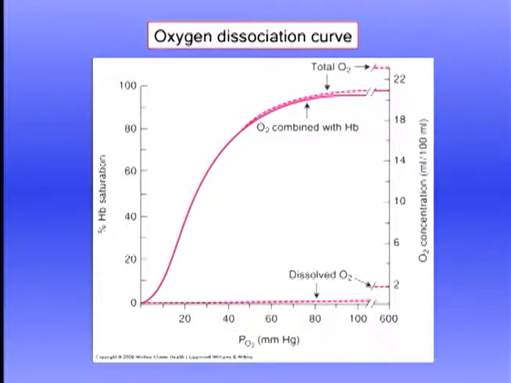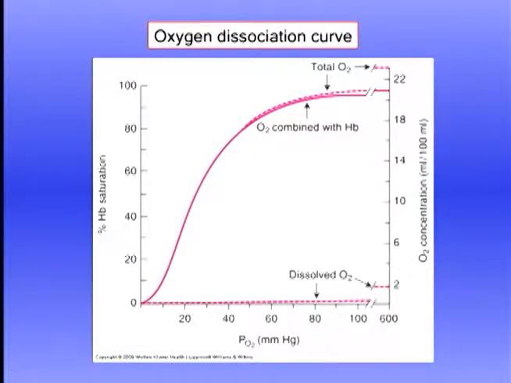The important feature, as far as we're concerned here, is that the upper part of the oxygen dissociation curve is relatively flat, so that we can actually drop the arterial PO2 from the normal value of 100 down to, say, 60, and the arterial oxygen saturation is still about 90%. So there's a remarkable ability to maintain the oxygen concentration of the blood in spite of a reduction in PO2 near the top of the curve. But once we get below 60 into the 50, 40, something like that PO2, of course the saturation rapidly falls.